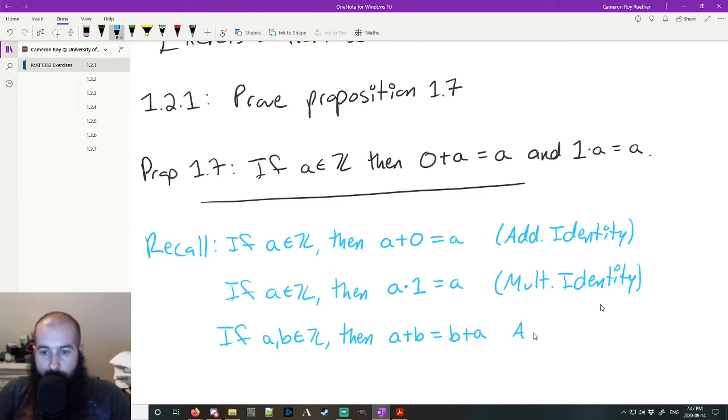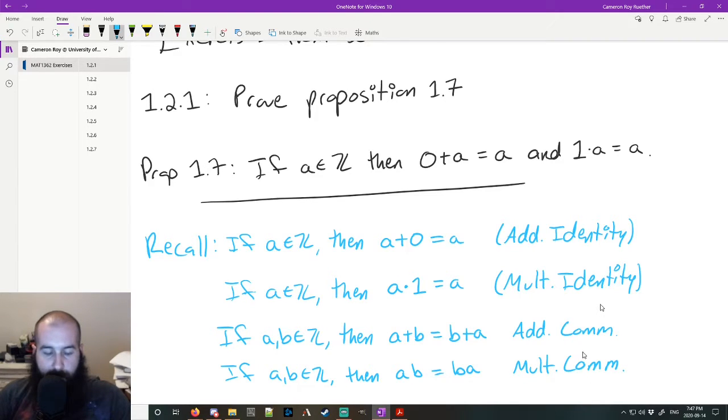This is additive commutativity. And another one, if a and b are integers, then a times b is equal to b times a. This is multiplicative commutativity. Or we can also call them the commutativity of addition or the commutativity of multiplication.